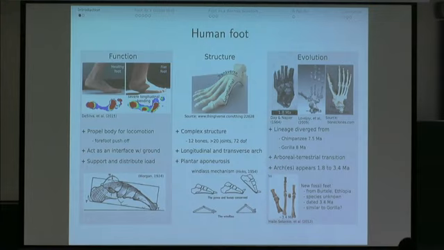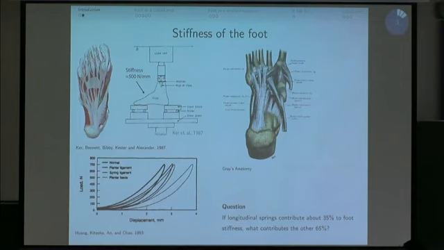However, that picture does not quite withstand the scrutiny of quantitative analysis. There have been experiments measuring the stiffness of cadaveric feet with the interest of understanding, during running, is it possible that the foot stores some elastic energy and then releases it to maximize the economy of running? That was the intention behind this study.